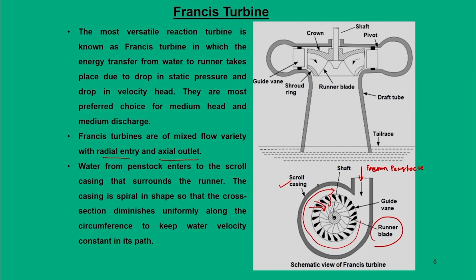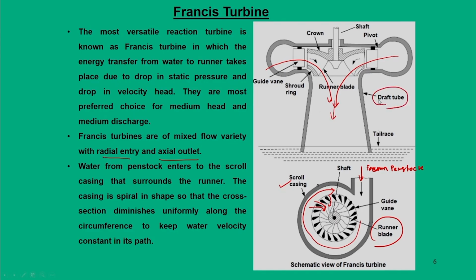Now, when it is discharged vertically to this plane, you can see water that comes from the guide vane to this, in this top view. You can see how water is discharged after the runner blade, and it passes in a controlled way in a tube, which is called the draft tube.